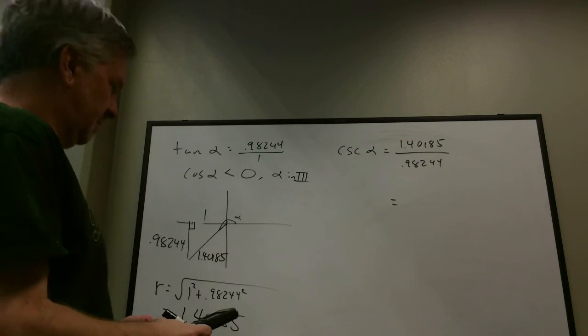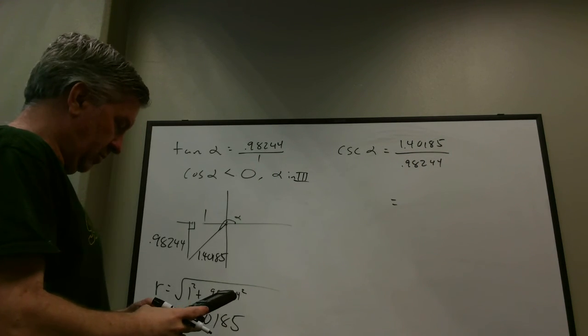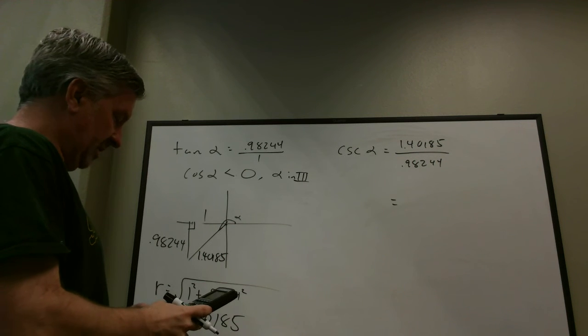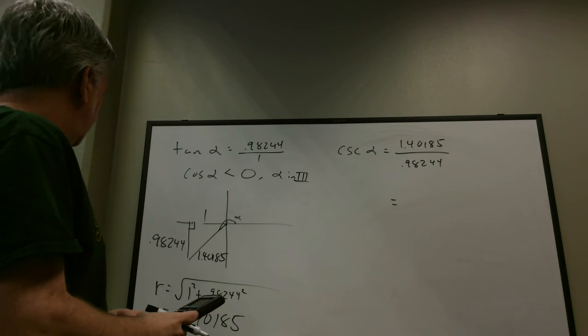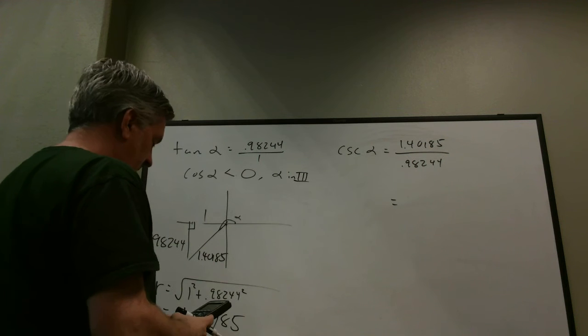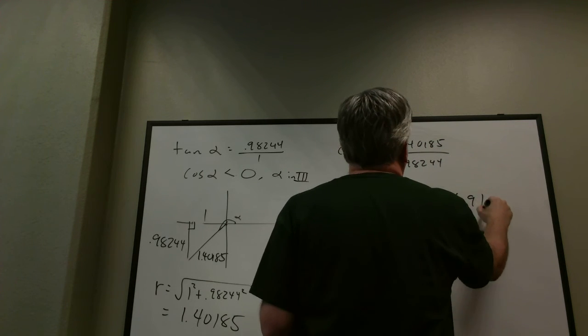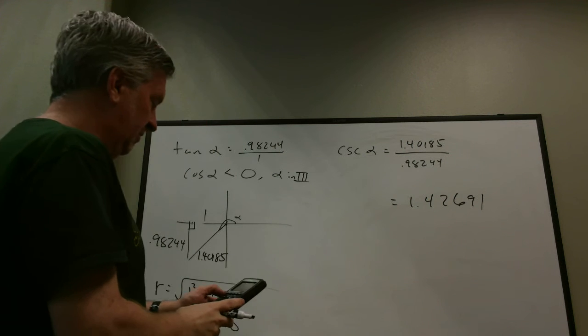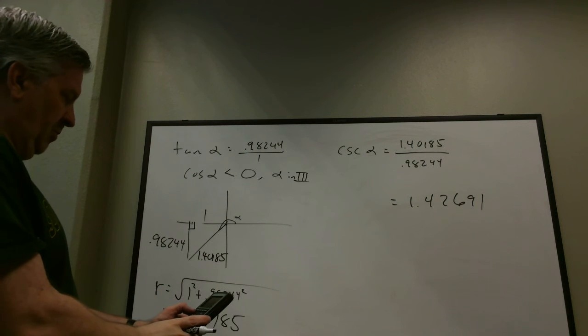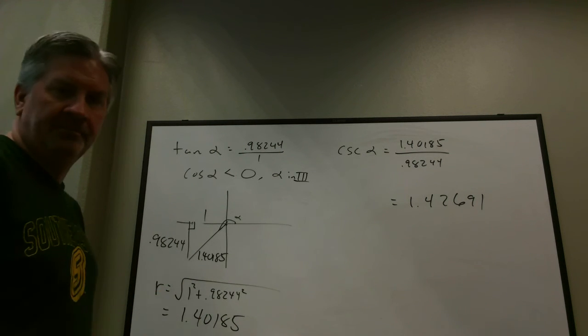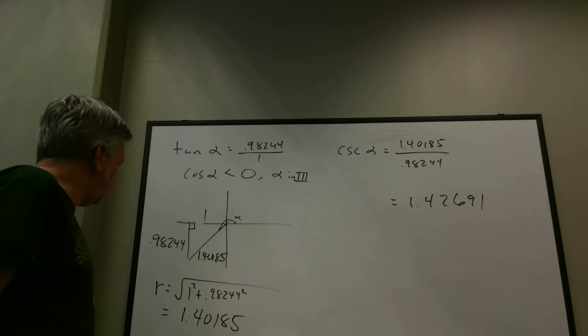Okay, let's see what we get. 1.40185 divided by 0.98244. And I got about 1.42691 if I go to 5 places. 1.42691. Okay, how do we feel about that answer?